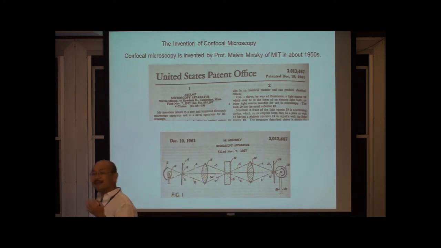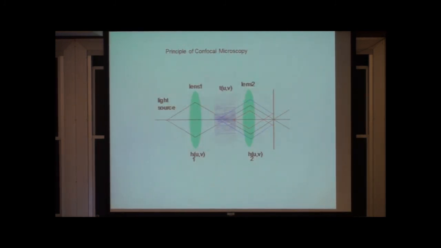But the concept that he had is exactly the same as a confocal microscope today. Unfortunately, by the time 1980 came around, from what I understood, Dr. Minsky never made much money out of that invention because patents last only 20 years. So one thing to remember is, if you are going to invent something, you better be lucky. If you are so bright that you are 20, 30 years ahead of everybody, you probably won't make much money.